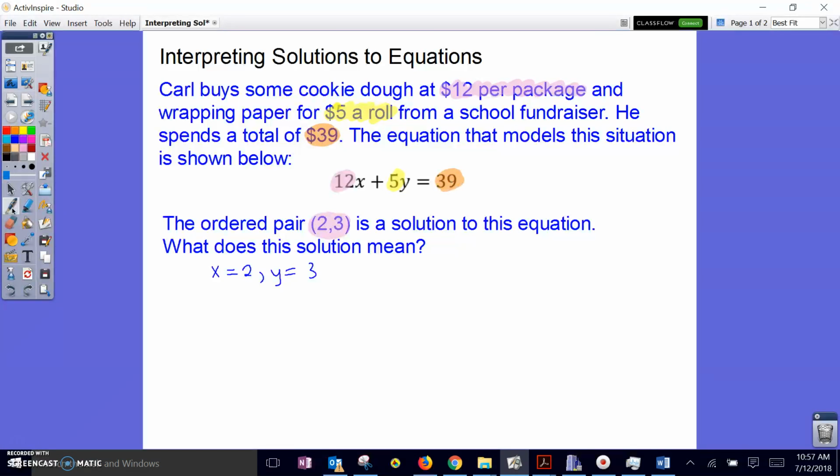So now we have to ask ourselves, what do the variables x and y stand for in this equation? Why would we take 12 times x if 12 is the cost per package for cookie dough? If we think long and hard about this, we should realize that x represents the number of packages of cookie dough that Carl is buying.